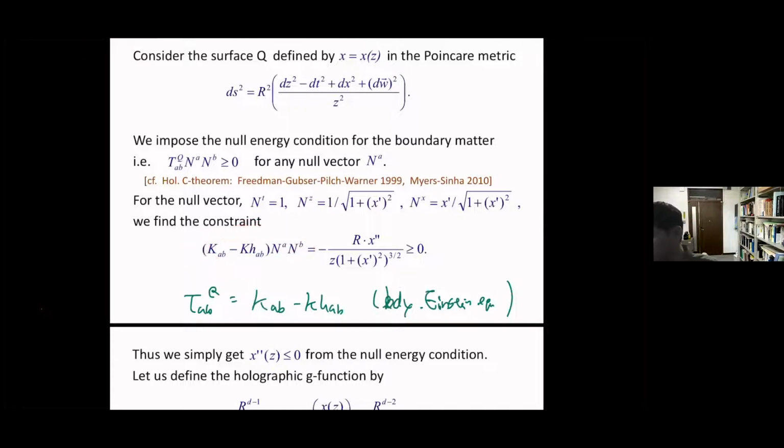And this is just a geometrical quantity, given roughly by the second derivative of x. X is the profile, right? So we have the x direction and the z direction, and I'm talking about surface Q. Surface Q is something like this, and this is the profile given by x equals x(z), right? Something like this, for example. If you have in mind some surface Q like this, this second derivative appears.